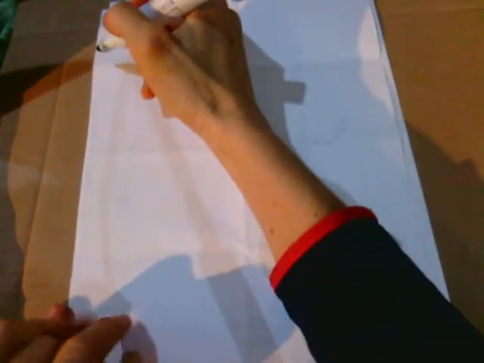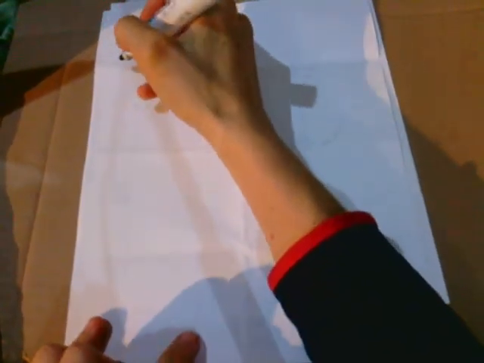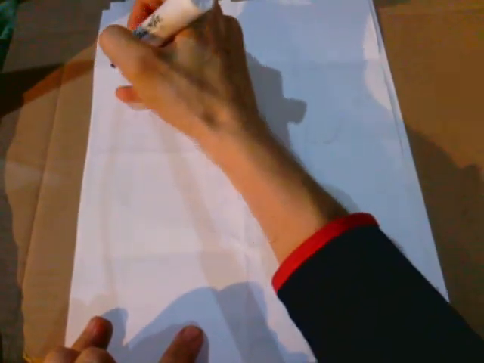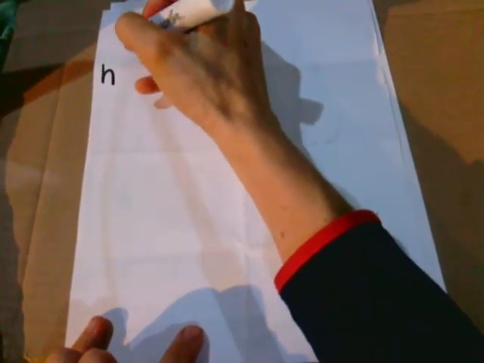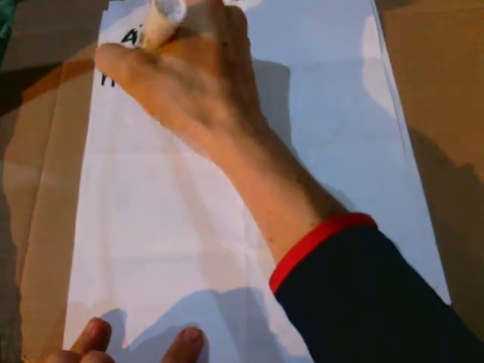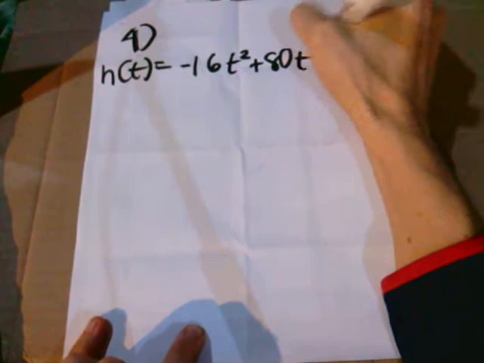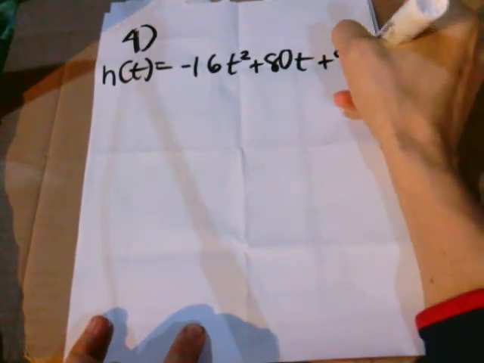So let's write out our equation again. H of t equals negative 16t squared plus 80t plus 96.